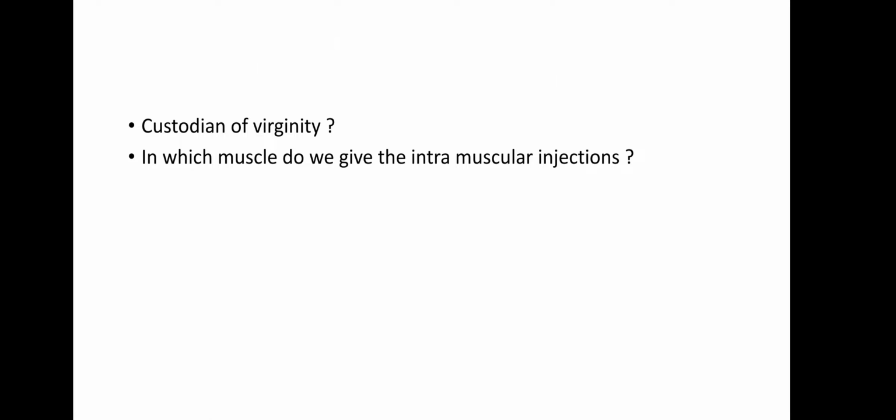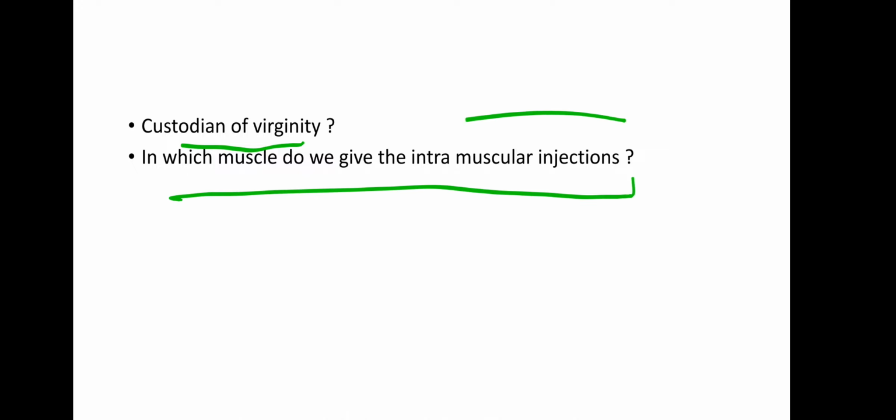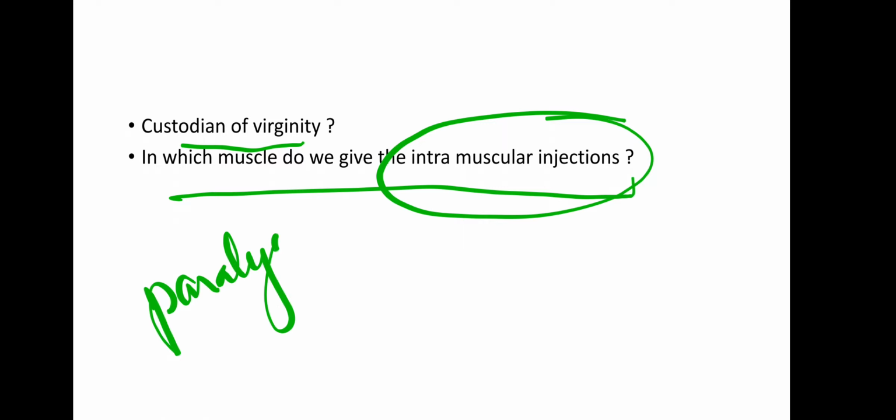Coming back to the question session: which muscle is called the custodian of virginity? We saw the adductor group of muscles, the quadriceps, the gluteus maximus, and the gluteus medius and minimus. And in which muscle do we give intramuscular injections? And one other thing: when are the gluteus medius and minimus paralyzed?